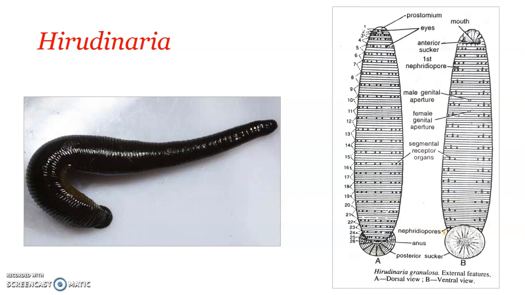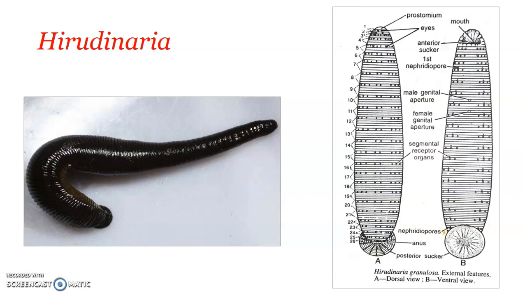Or it grips onto objects with the help of the anterior and posterior suckers, and it moves by looping. So it attaches onto a surface with a sucker, and then the rest of the body is free, and it loops and attaches the other sucker, frees the first one, and that is how it moves. Somewhat like how Hydra moves.